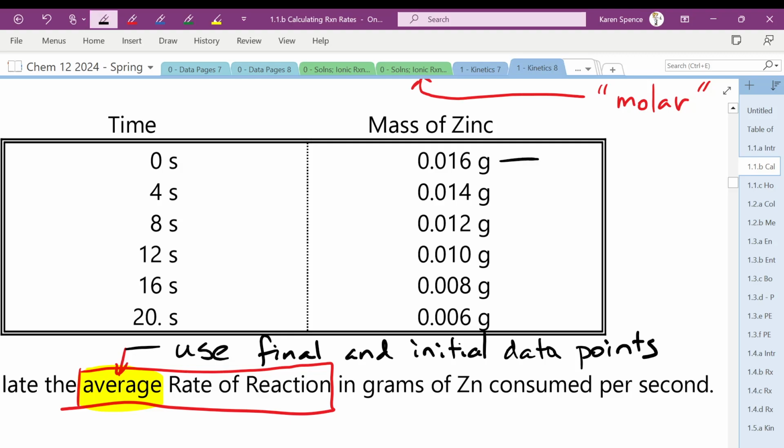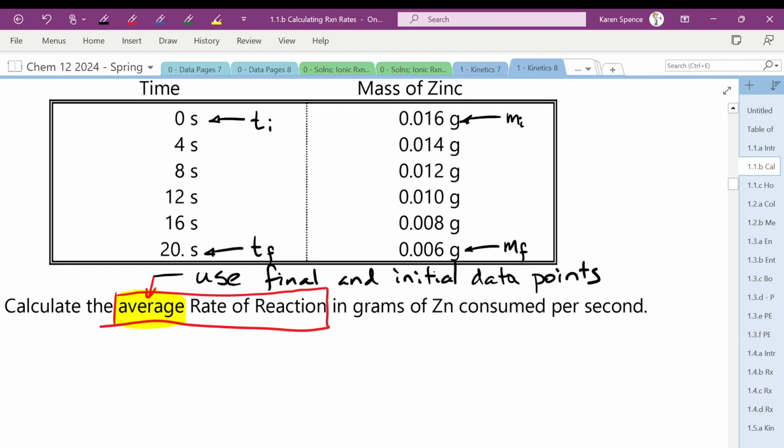So here we have the initial mass of zinc. And here we have the final mass of zinc. Here we have the initial time, and here we have the final time.